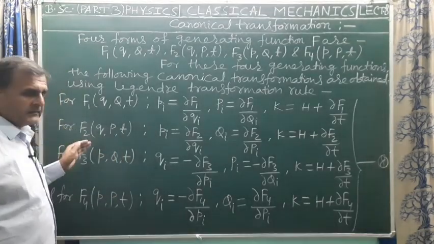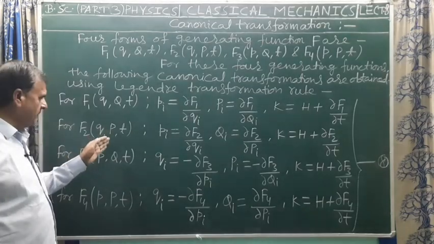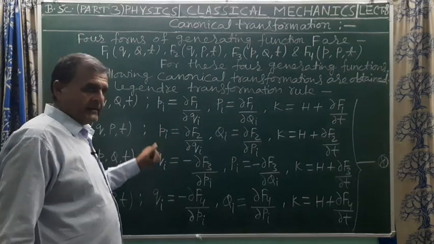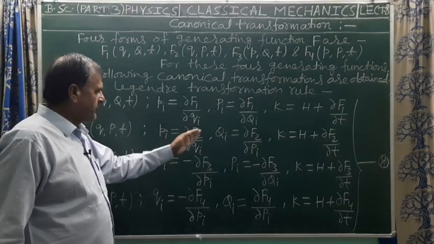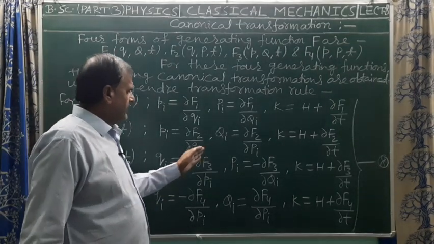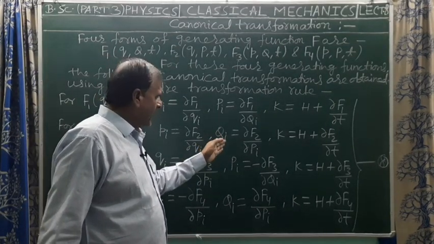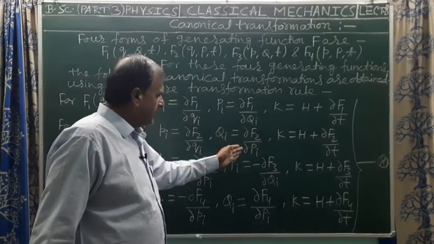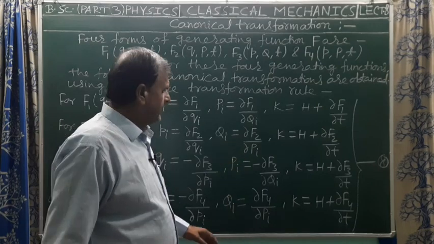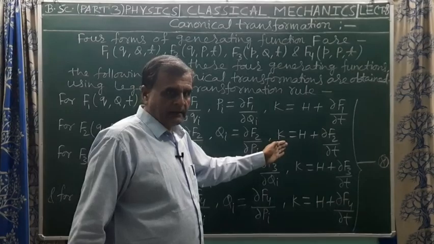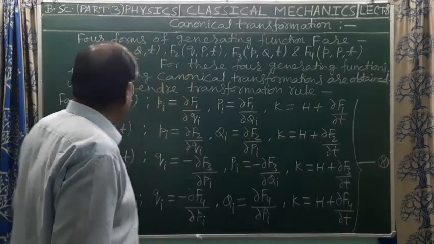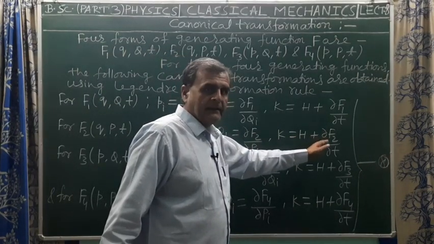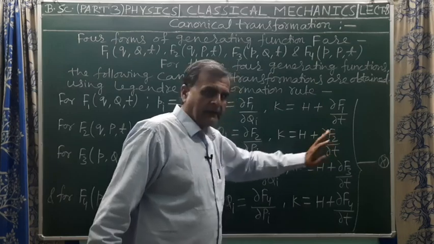So the transformation equations are small pi equals del capital F2 upon del qi, then capital Qi equals del capital F2 upon del capital Pi, and the Hamiltonian in the new system for the second generating function, capital K, is equal to capital H plus del capital F2 upon del t.